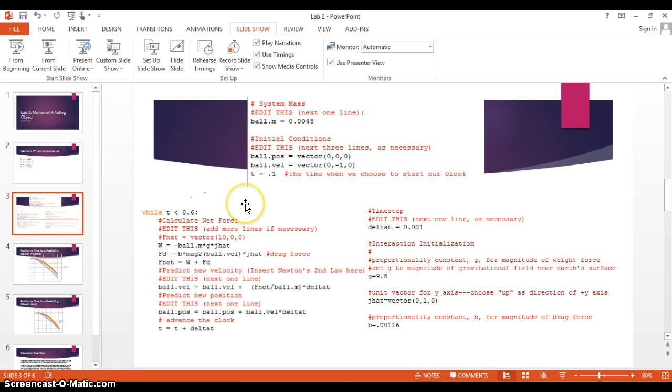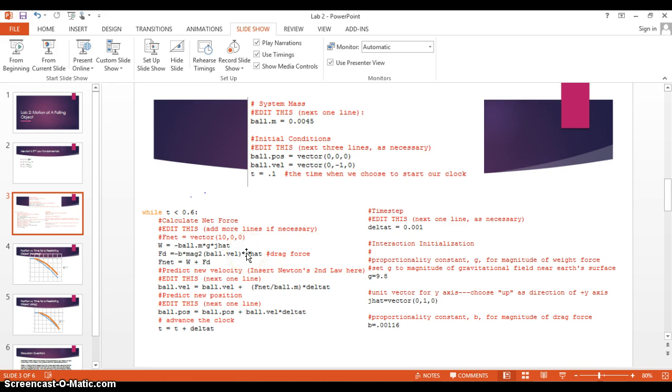This loop iterates through the entire period of motion, which is 0.6 seconds. Here we see the two forces that factor into the net force. First, we have the weight force, which is mass times Earth's acceleration multiplied by the upward direction vector. This force is negative because it pulls the object down.